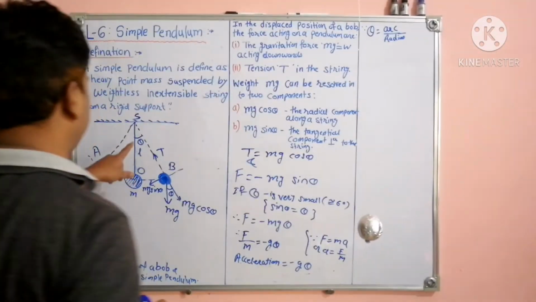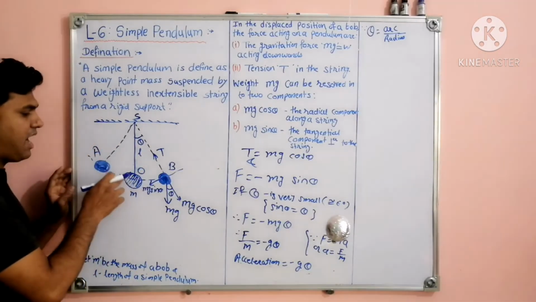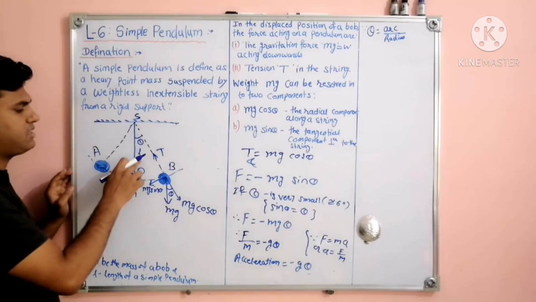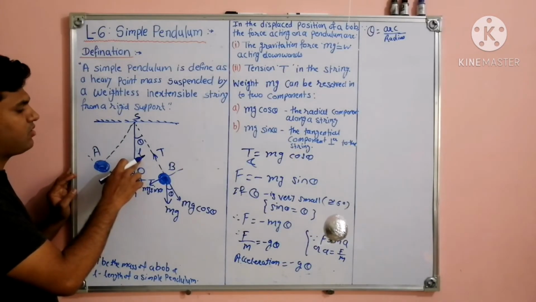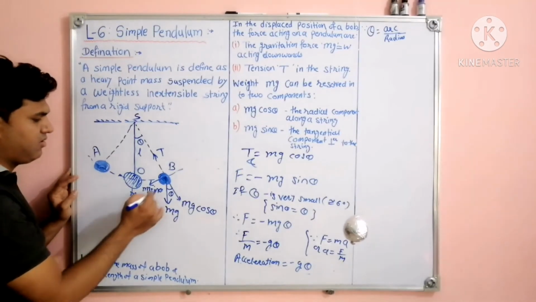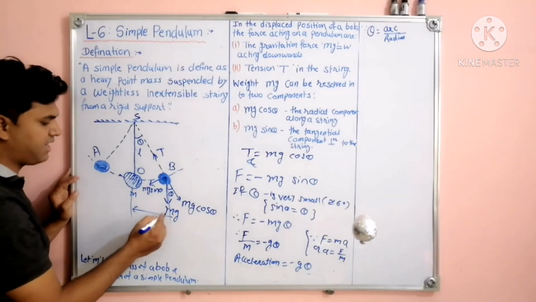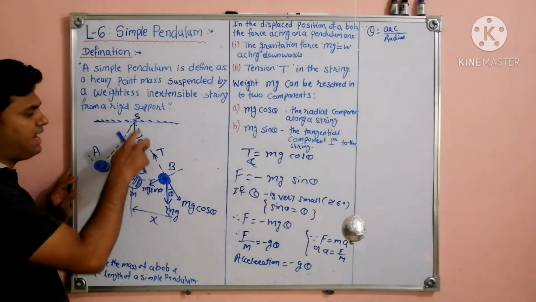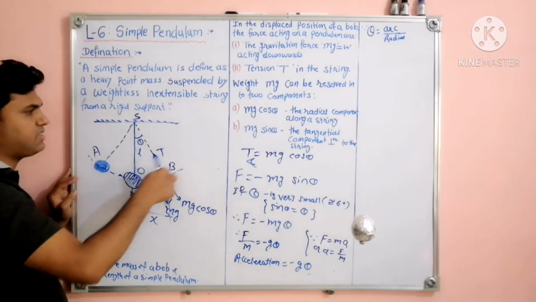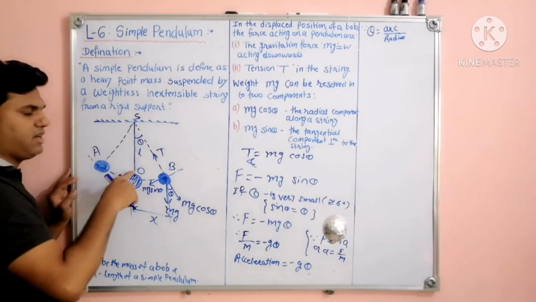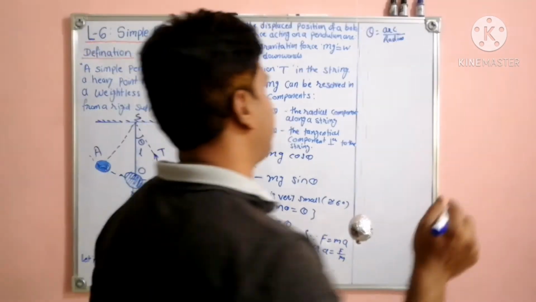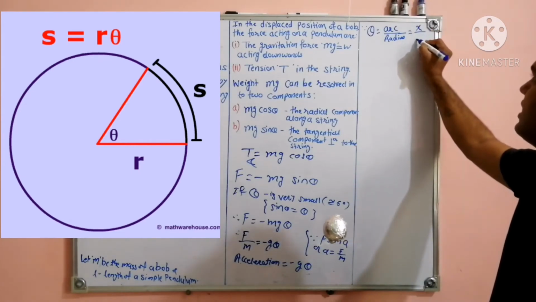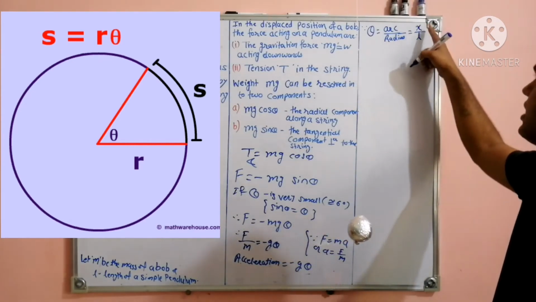So here this is angle theta, and theta is nothing but the arc upon the radius. The radius is L. This is a displacement from the mean position, which we call x. This x is nothing but our arc, and L is the radius. This is a circular arc and L is the radius. So we can write angular displacement theta equals arc upon radius, arc is x, radius is L. So theta equals x by L.